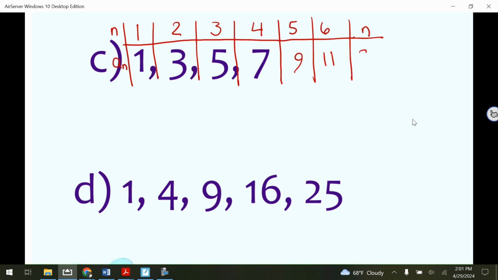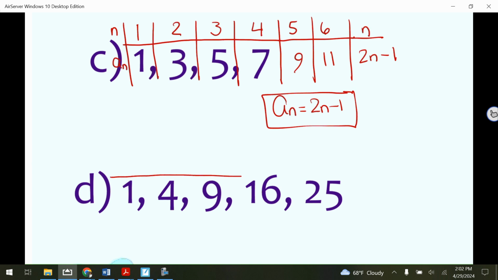So our formula for a sub n is 2n minus 1. Okay. So does that work for 1? If I do 2 times 1 minus 1, oh yeah, I get 1. But all of these are just 1 less than double the number. So I kind of just noticed that pattern.